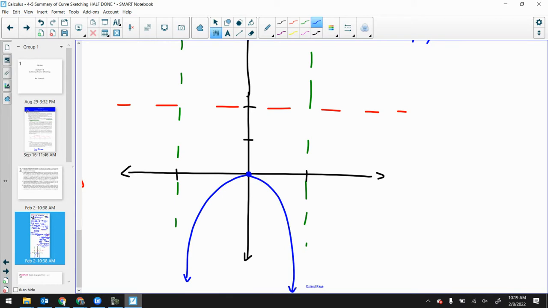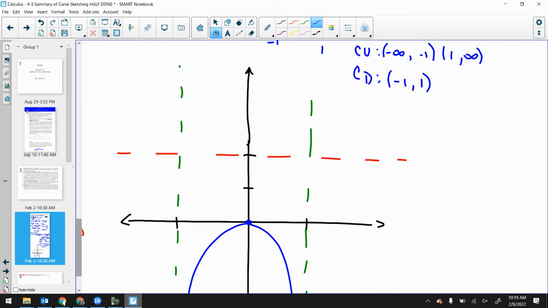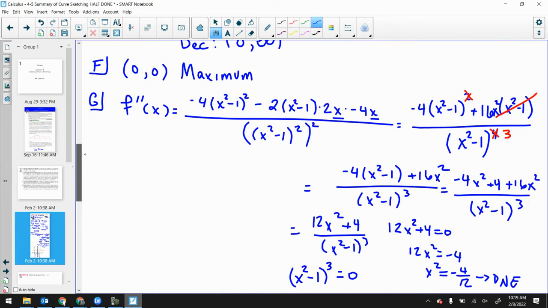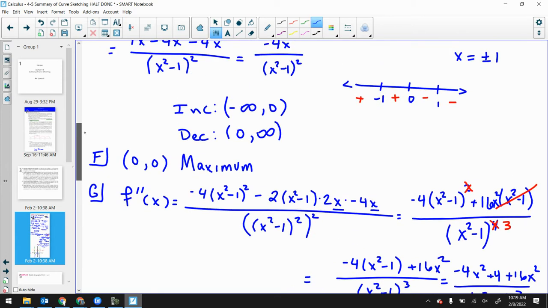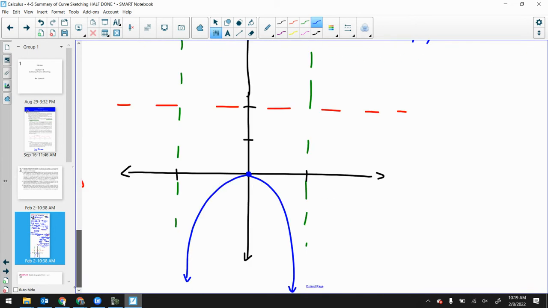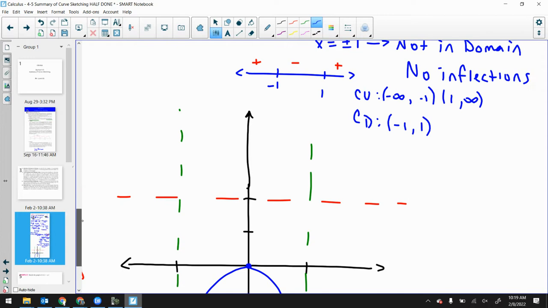Now, what to do on the left and right side of this vertical asymptote? Well, I have to say this. It's going to go to 2 on either side, and it's always going to be increasing. It's increasing from -infinity all the way to 0, which makes sense because from -1 to 0, it's increasing. It's also got to increase here.